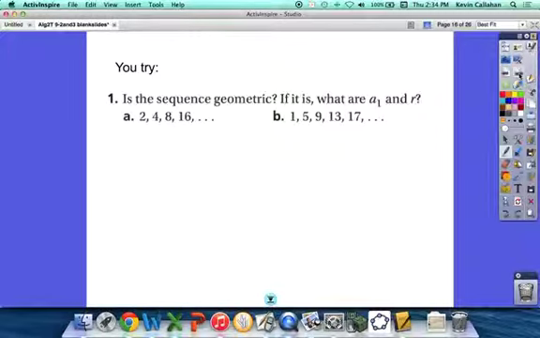So which was the geometric? A. Right. We did this one before. That was arithmetic. And the common ratio is? So geometric. r equals 2. It makes the point, not very challenging.